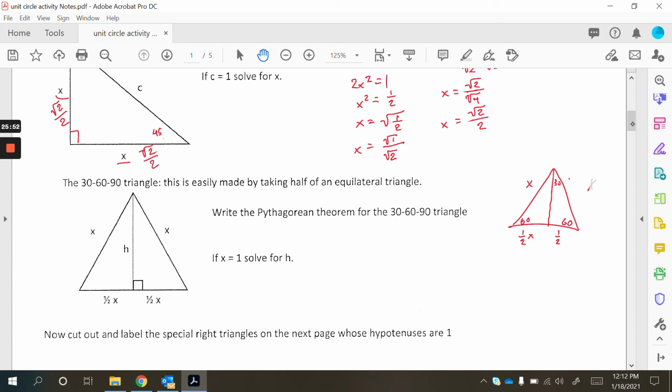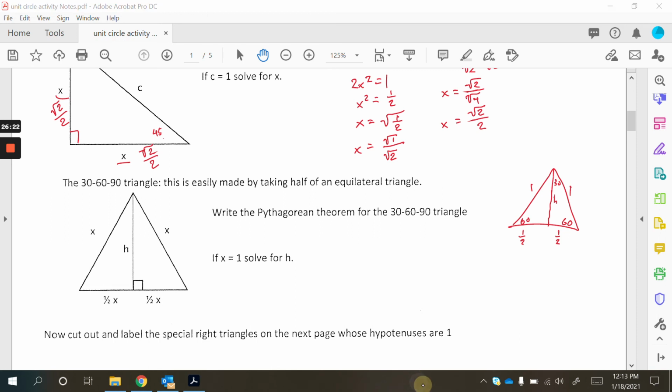We've got this side is 1, this side is 1, that's a half, and that's a half. So our only missing value is that height. And if we can figure that out, then we've got a triangle that we can then fit to our unit circle.